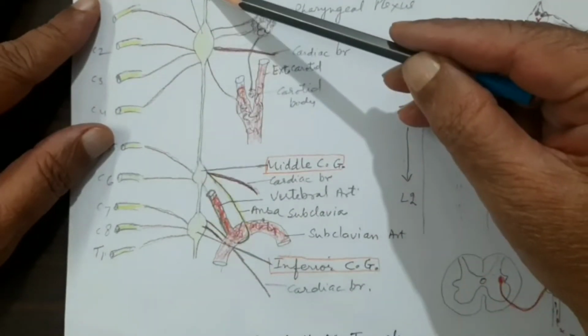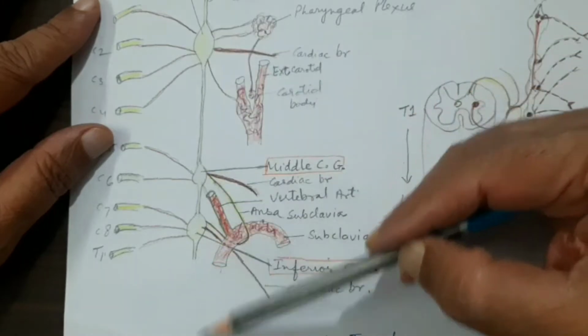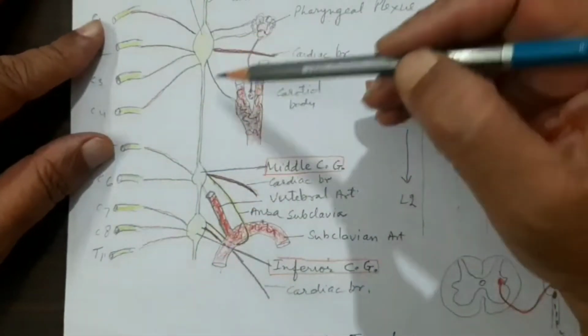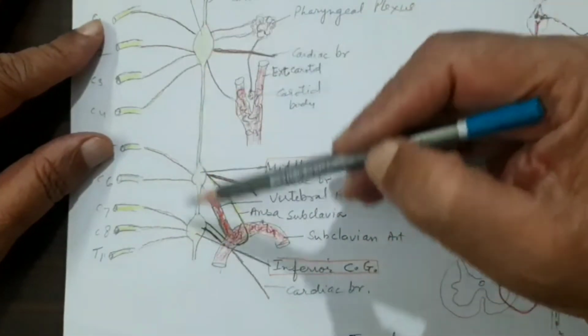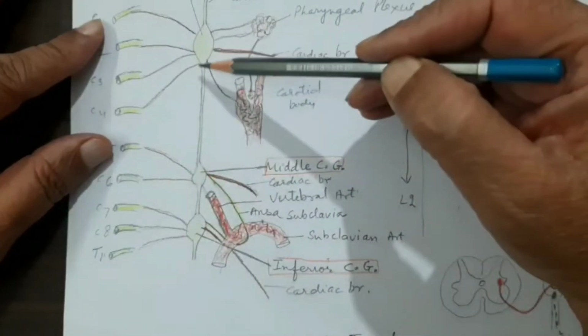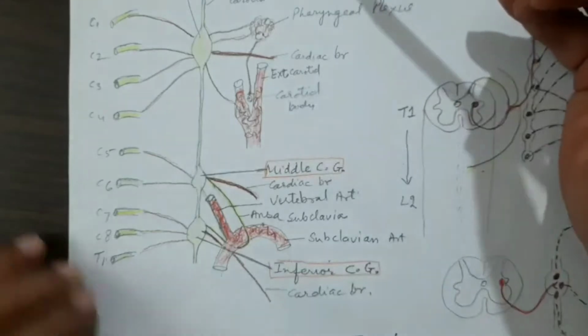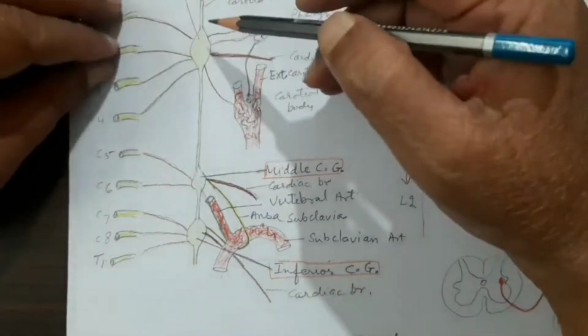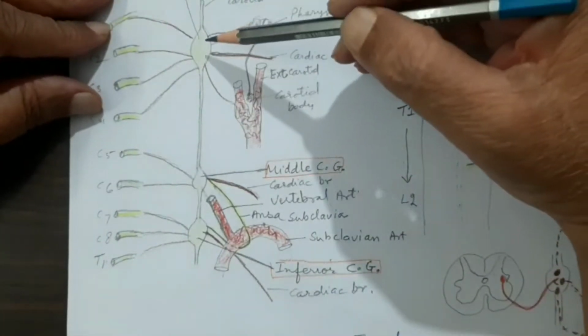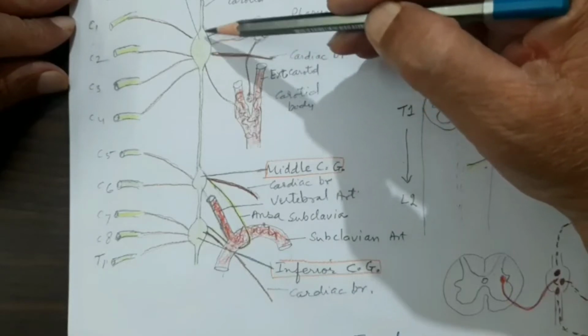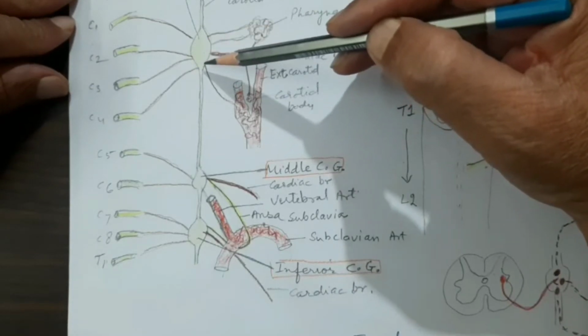The trunk runs from the base of the skull towards the thoracic cavity. So within this cervical region, these are the three swellings in the trunk, which are the superior, middle and inferior cervical ganglia.